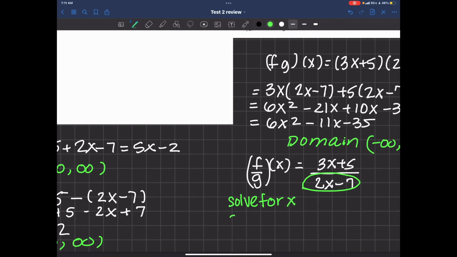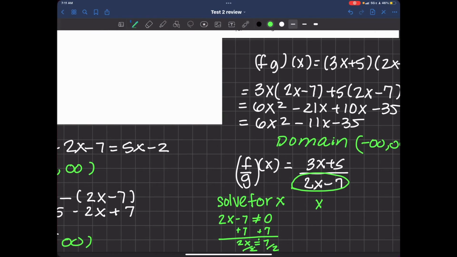And we're going to say 2x minus 7 cannot equal 0. Minus 7, so that becomes positive 7 to both sides. I get 2x equals 7. Then I divide both sides by 2. So x cannot equal 7 over 2.